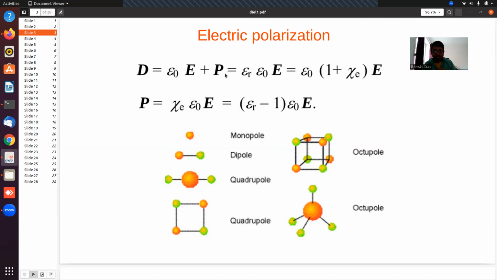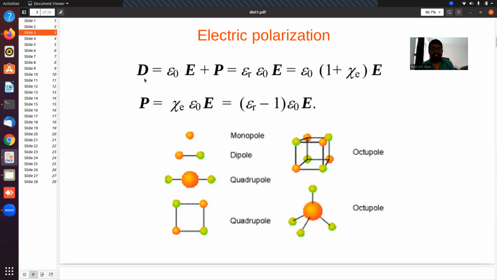So there is an induced electric field, we can think. This is the P, the polarization. So there is a total effect: one is the external electric field and one is the induced electric field, the induced dipole or polarization. So this is the net effective electric field.